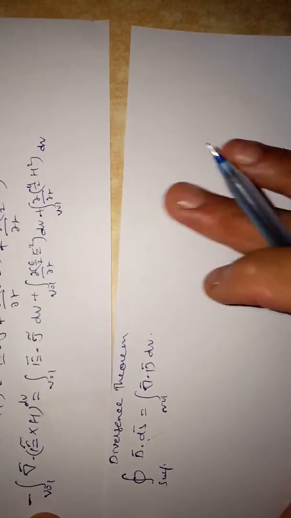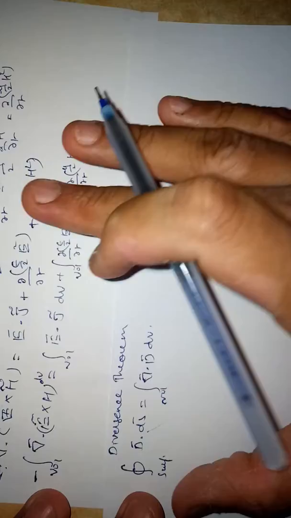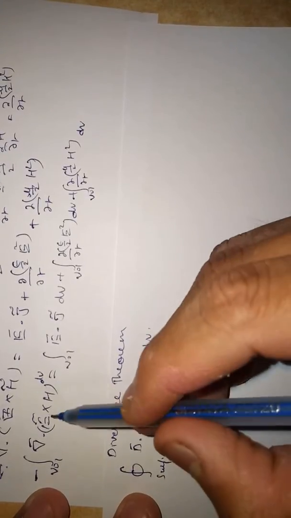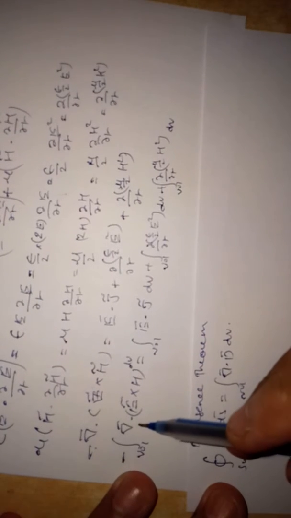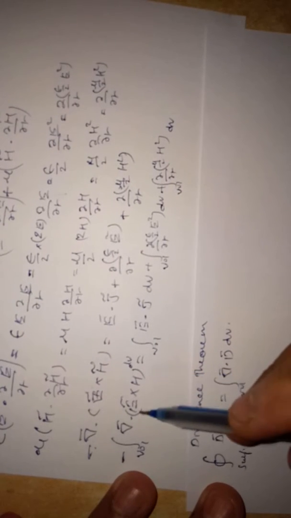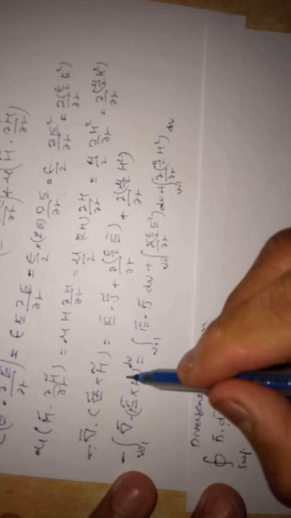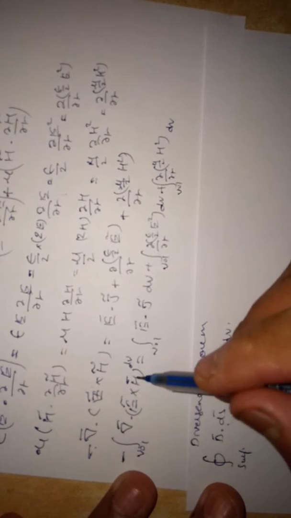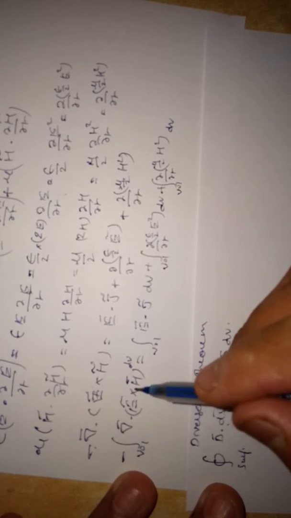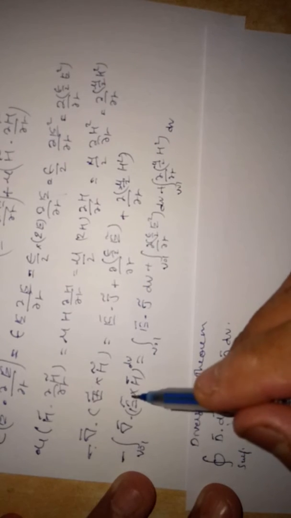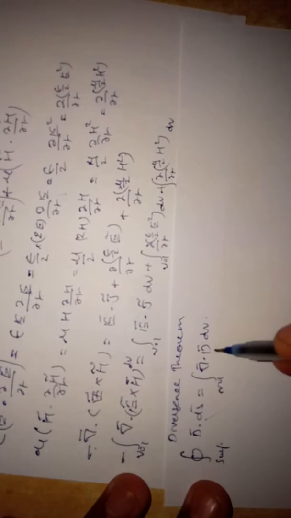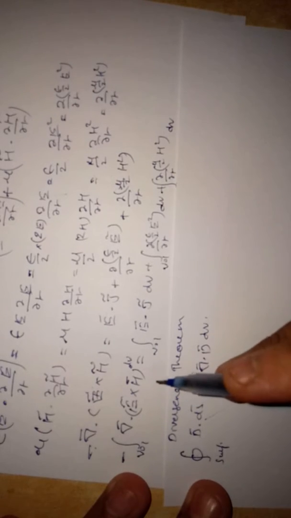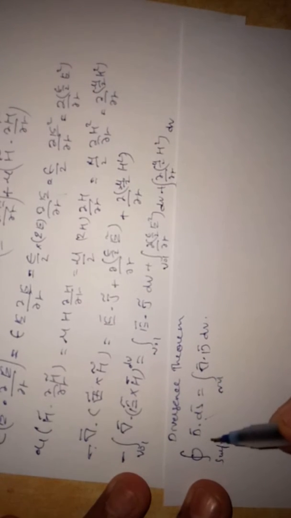If I see this equation, it has del dot (E cross H), which means del dot a vector, because the cross product of two vectors gives a vector. So this volume integration can be converted into a surface integration with this formula.